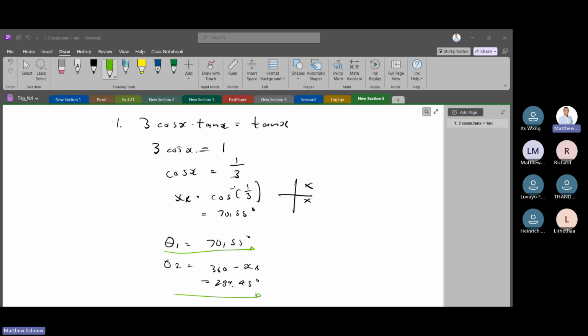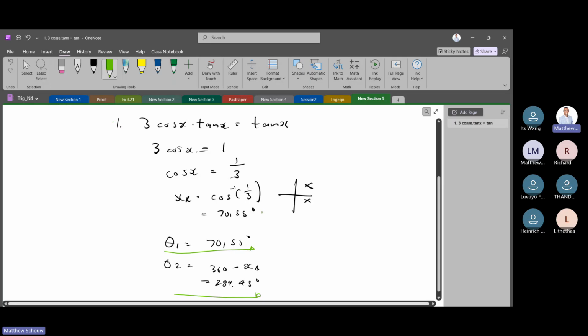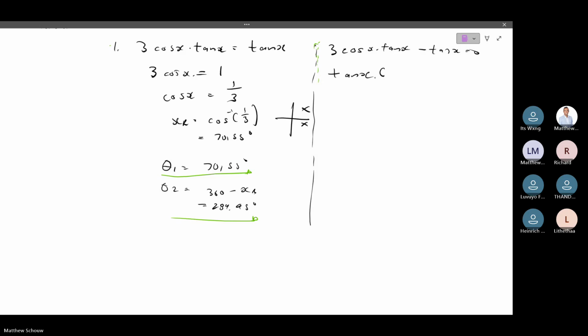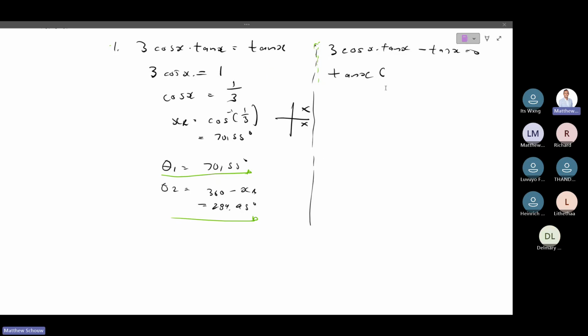What I mean is you take the same equation and you do it like this: 3 cos x tan x, and I carry over that tan x to make that equal to 0. Then I can take tan x as a common factor, and that's going to be tan x times (3 cos x minus 1) equals 0.